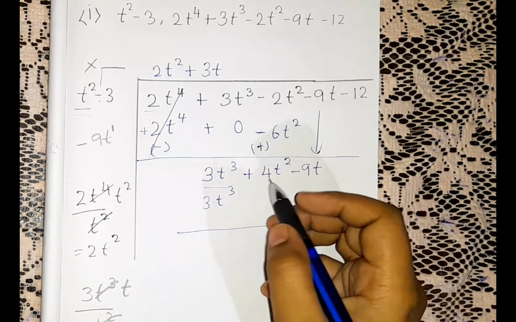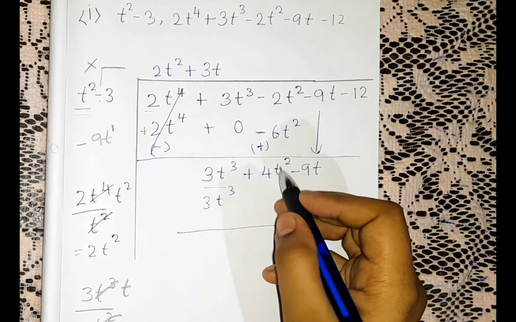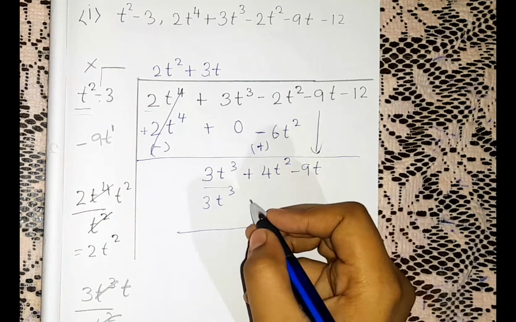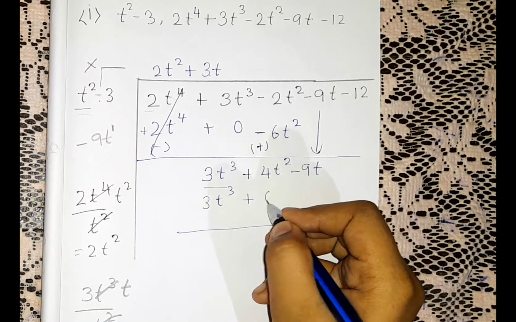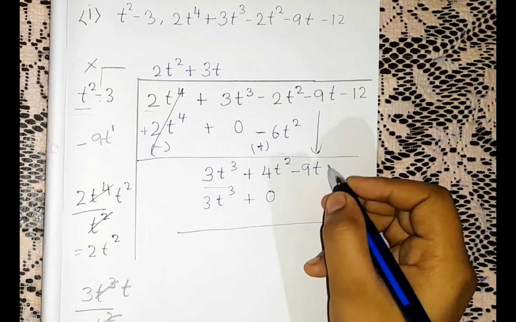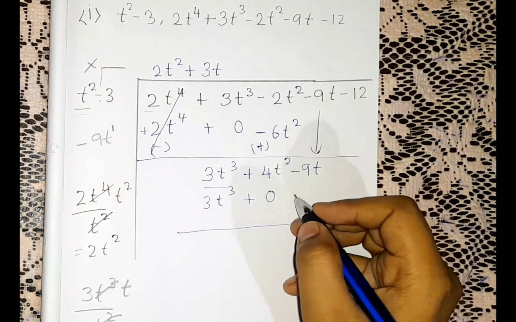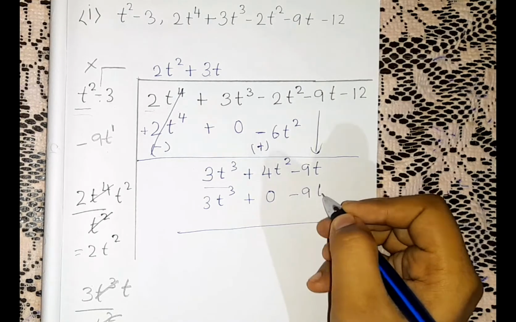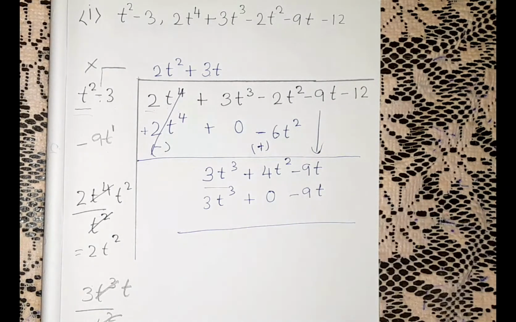Here we have plus 4t square, so it is square right over here, so we can't just write it, so we shall put plus 0, and then here we have minus 9t. Here the power is 1, so we should just write it right over here. So now it is minus 9t.